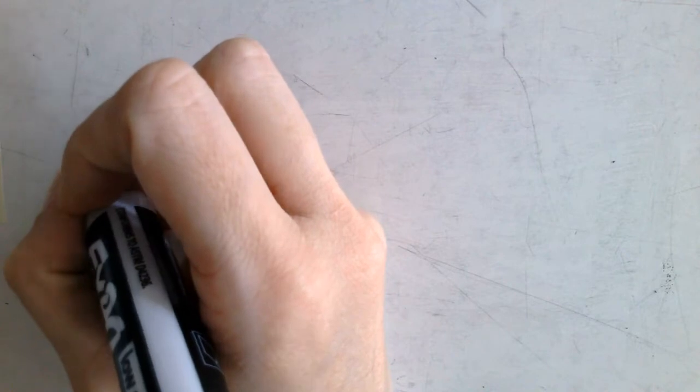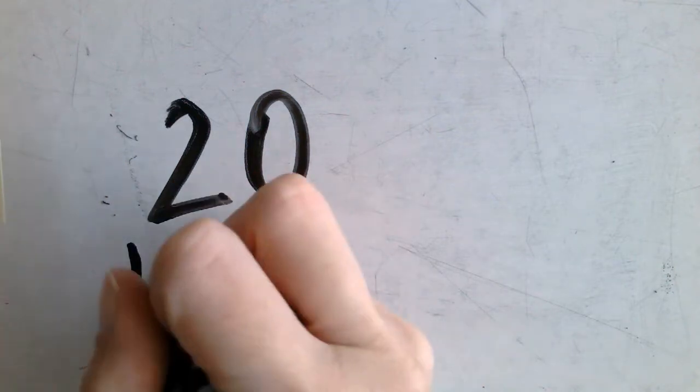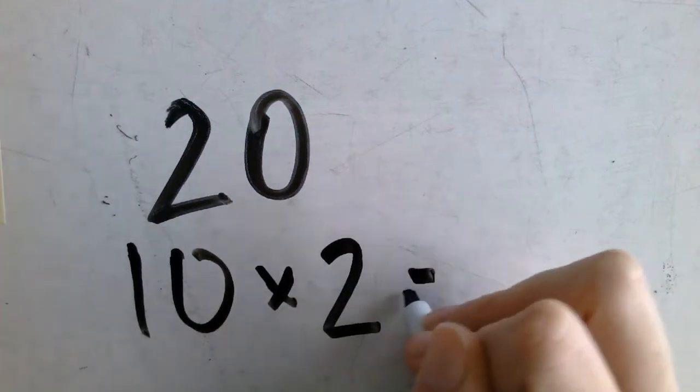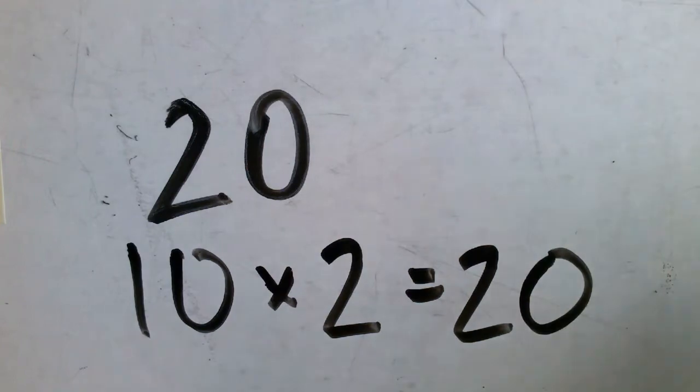If I wrote the product 20, you're going to write what the multiple of 10 is on your board. If you are not sure, you can always count up. Count by tens. 10, 20. Skip counting is always a good resource. On your board, you should have 10 times 2 equals 20. Make sure to write the whole expression.